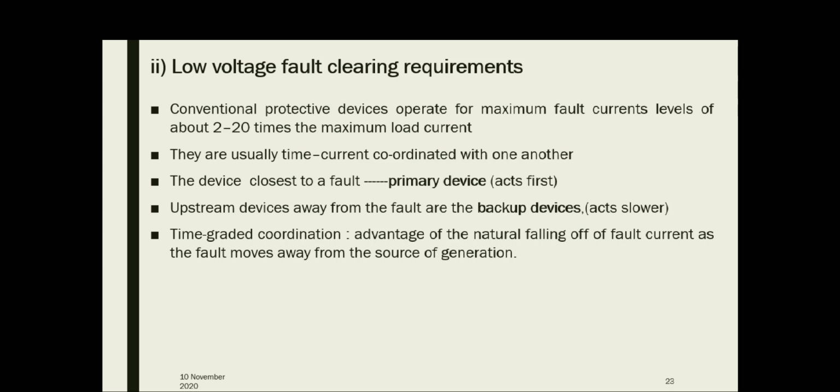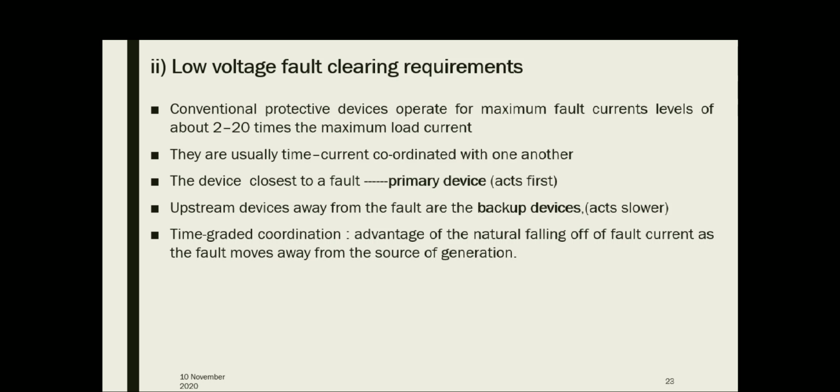The second consideration in microgrid protection in the medium voltage line is the low voltage fault clearing requirements. Conventional protective devices actually operate for maximum fault current levels of about 2 to 20 times the maximum load current. They are usually time current coordinated with one another so that the device closest to the fault operates first.